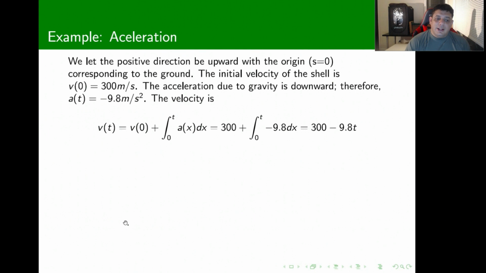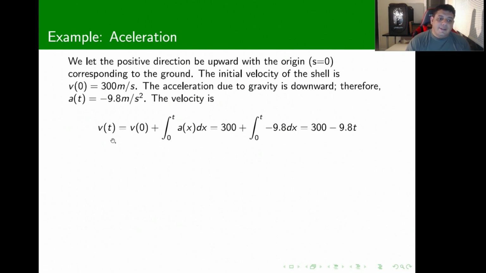Now, to find the velocity, we consider that the positive direction is, of course, going up, away from the ground. Because the initial velocity is 300 meters per second, we can just replace that as the initial velocity here. The acceleration due to gravity is downward, so it gets a negative value here.